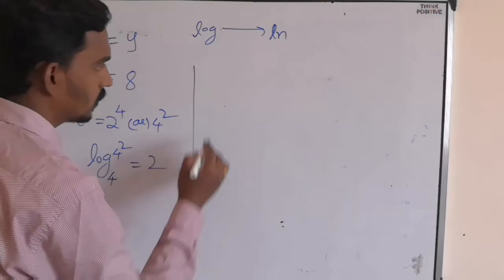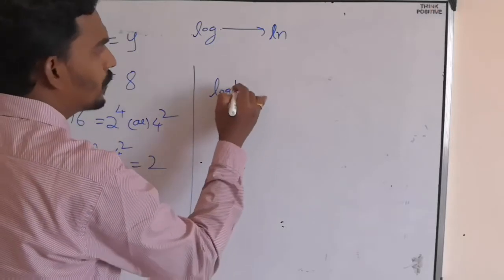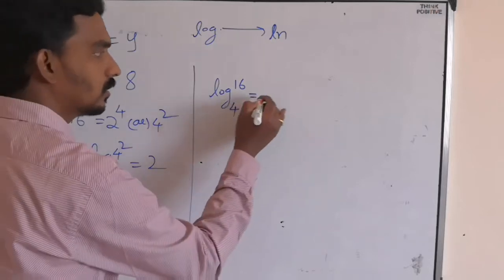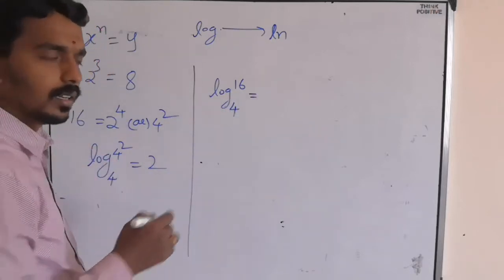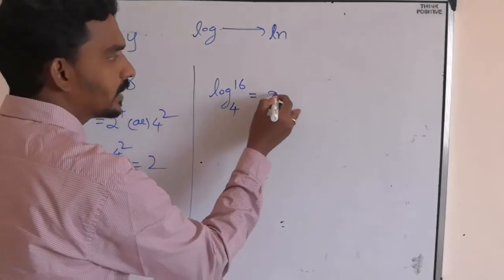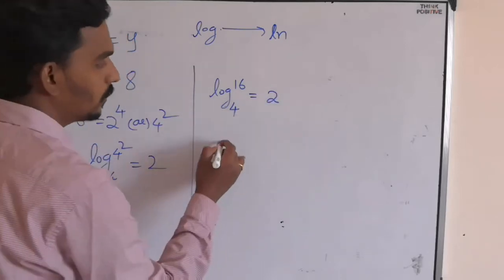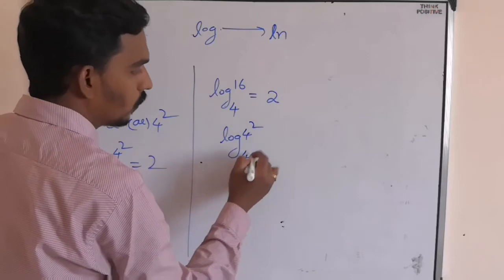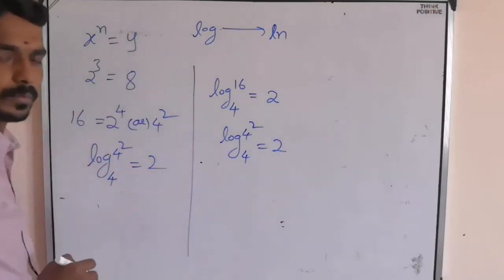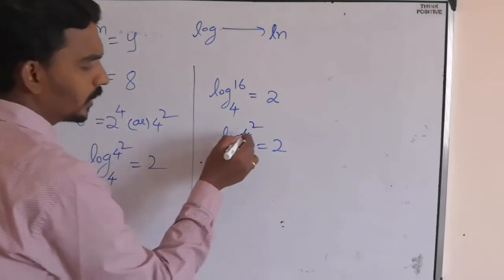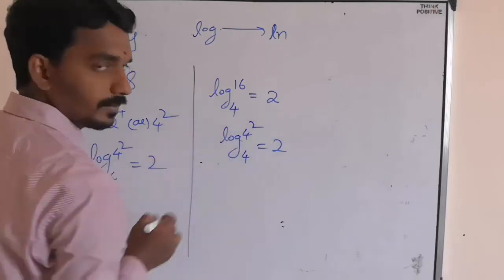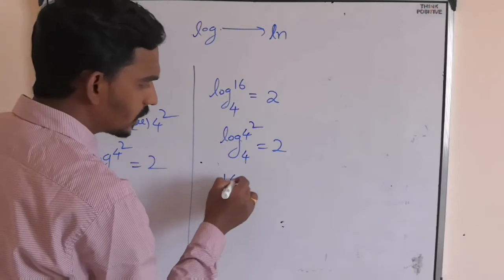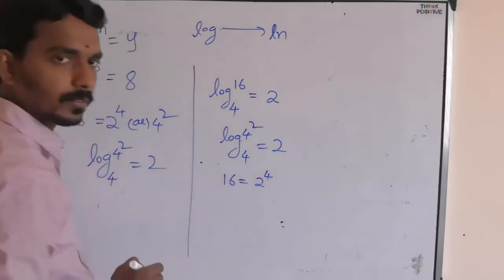That means log of 16 base 4, if it is given, is nothing but 2. That means log of 4 square, base 4, equal to 2. So here this is 16, right? But this 16 is nothing but 2 power 4.